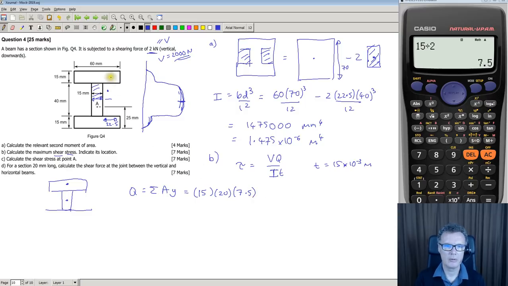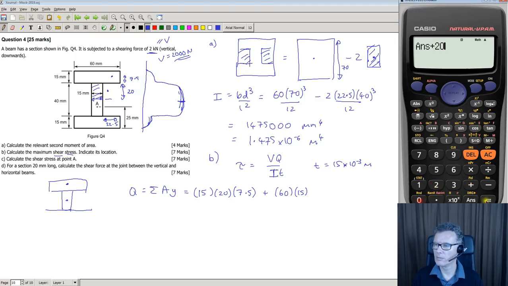Okay, and then the next one, find the centroid there. So plus the width of that is 60, the height is 15, and where's its centroid? Well, from here to here is 20, and then plus 7.5, so that's 27.5.